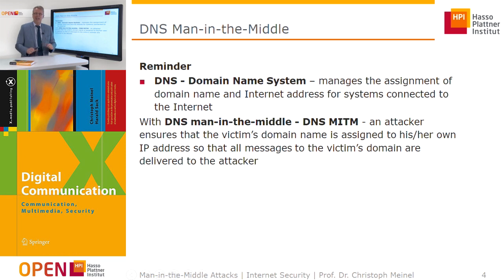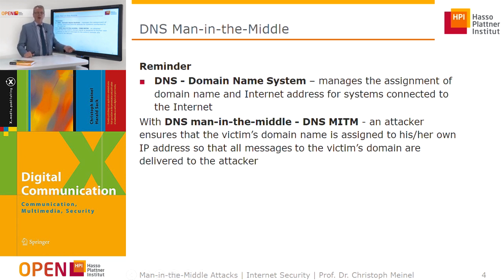Now the idea of the DNS man-in-the-middle attack is that the attacker manipulates this DNS table. So he manipulates the association of a domain name to an IP address. He tries to connect the domain name of a user of the communication with his own, replacing the user's IP address by his own IP address.